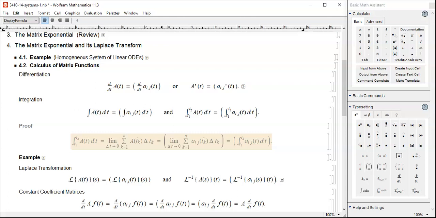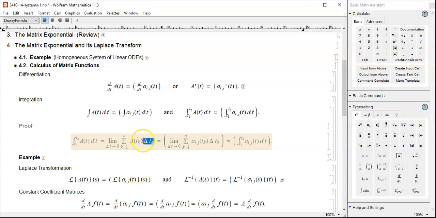Please recall that the definite integral is defined through Riemann sum, and Riemann sum is basically the sum of those function values here times delta tk, the size of the intervals or the width of the rectangles. But here in this case, this delta tk, the width of the rectangles, that's scalar multiplication, so that applies to each entry.